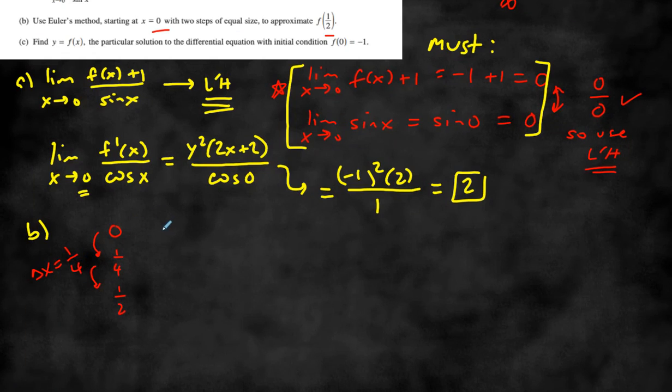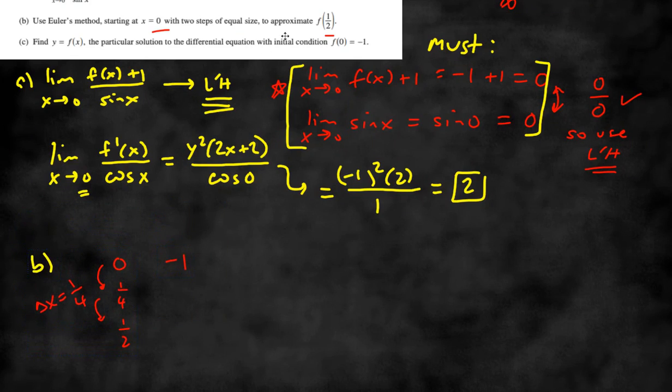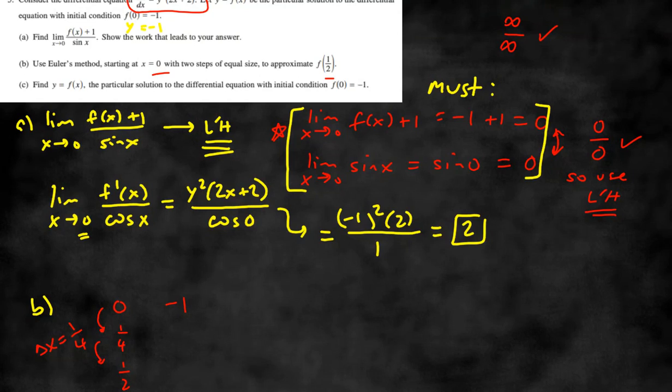We need our y values. We know that the y value for 0, we already had that, was -1. We're going to need to calculate the next 2. And we're going to do this by evaluating the next y. And we use the Euler's method, which is basically just the tangent line.